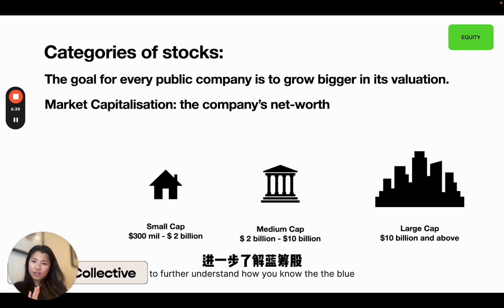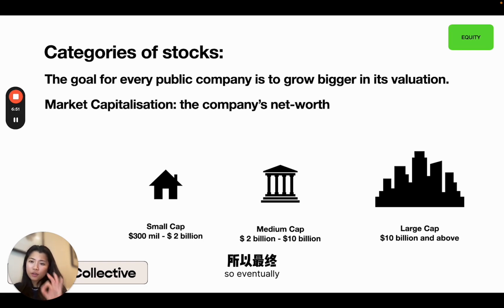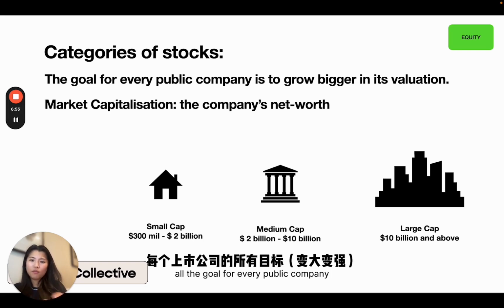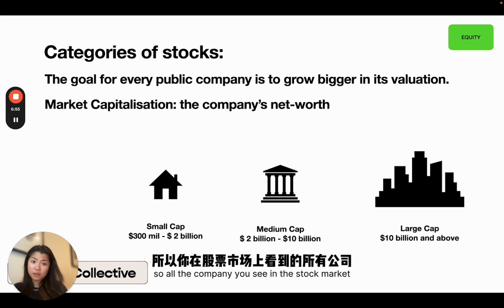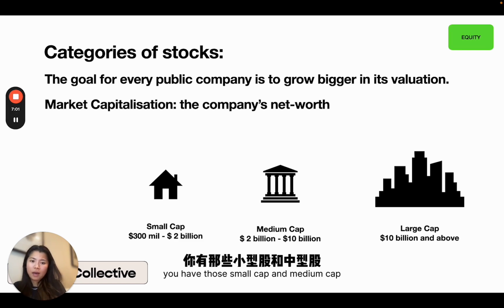To further understand how blue chip stocks and growth stocks work, looking at the categories of stocks could give you a better idea as well. Eventually, the goal for every public company, so all the companies you see in the stock market, is to grow bigger in valuation. So you have the small cap and medium cap.